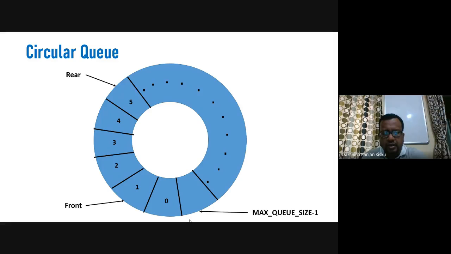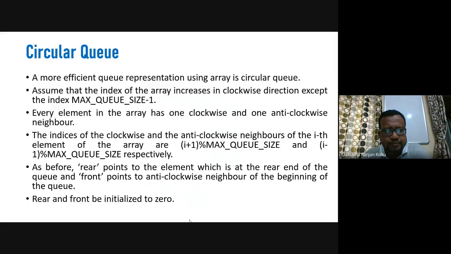If we reach the maximum size of the circular queue, then we will see if there are any available positions at the beginning of the circular queue or not. If some positions are available at the beginning, then only we can add the new elements to the circular queue. Otherwise, if positions are found at the rear end of the circular queue, then obviously we can add new elements to the circular queue.